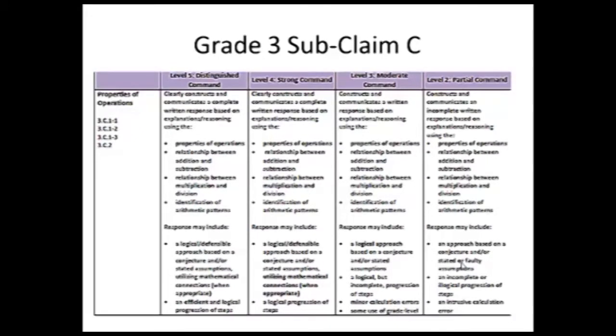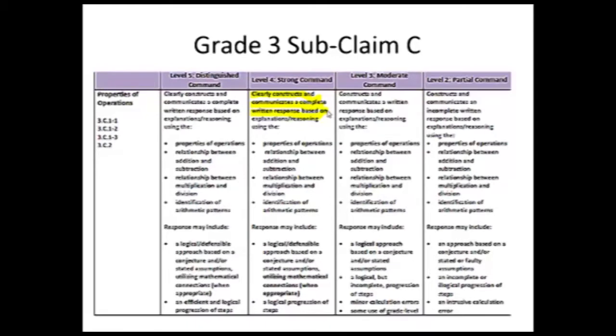For instance, you're going to see a real emphasis on mathematical communication and constructing a complete written response based on reasoning and understanding of, for instance, in third grade, properties of operations.